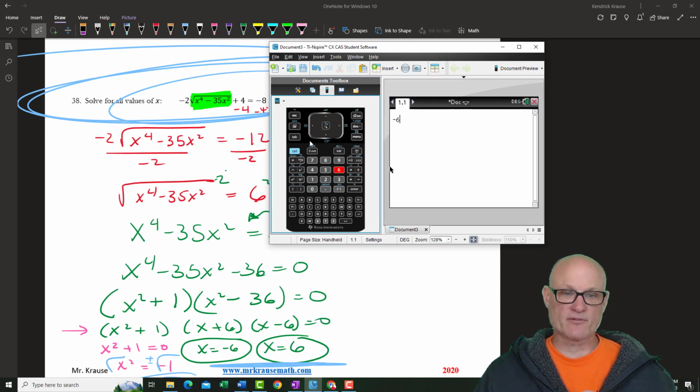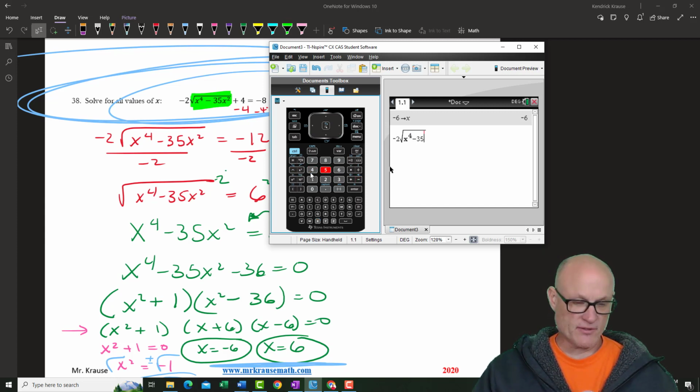I always start with a negative. Control, just makes things easier. X. Let's enter. I'm going to go negative 2, control, square root, x raised to the 4th minus 35x squared. Come out of there and then put plus 4.